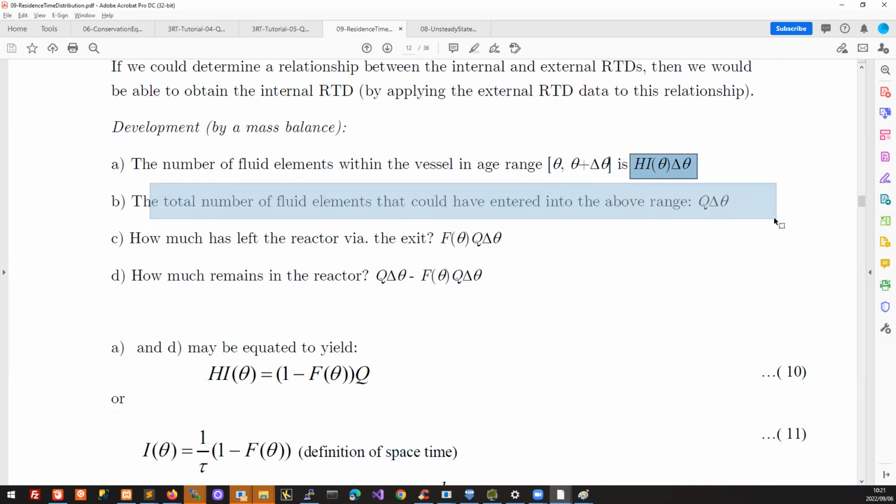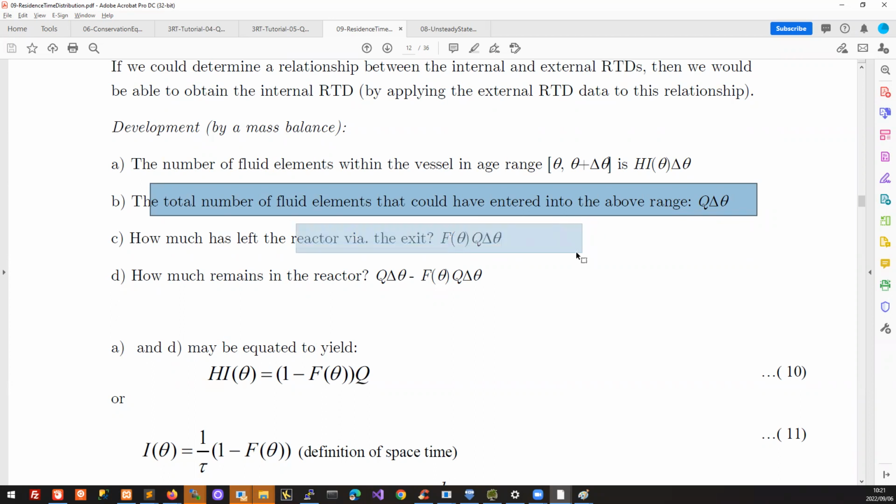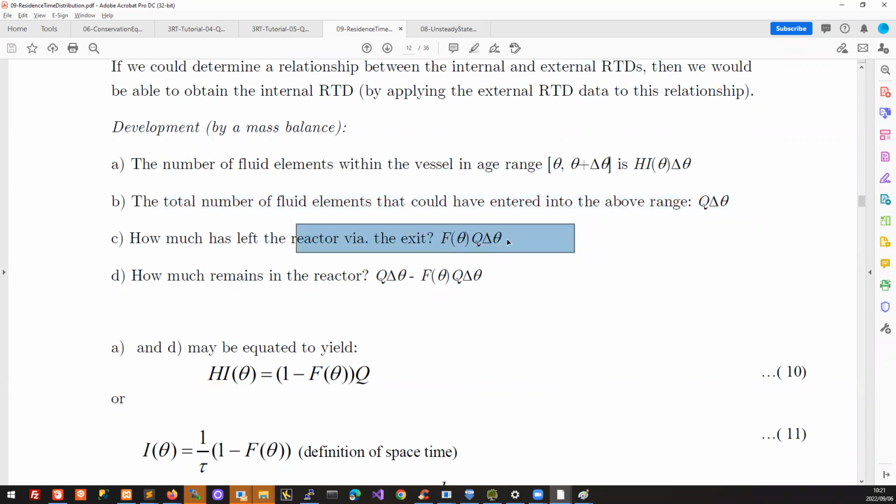The total amount that could have entered that age range is this: Q times delta theta. That's the total amount that enters in the first place. The amount that has exited between theta and theta plus delta theta is this. So the amount that's left over then is that quantity.